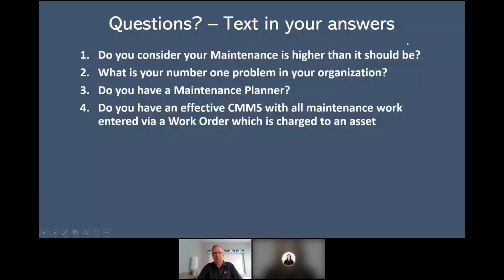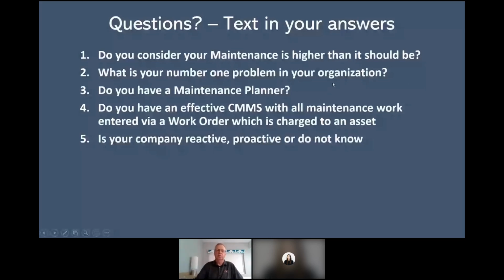Yes, and yes, but only partially. More typing. Yes, we have work orders and CMMS. All right, last one. Is your company reactive, proactive, or you don't know? 50-50. Okay. All right.